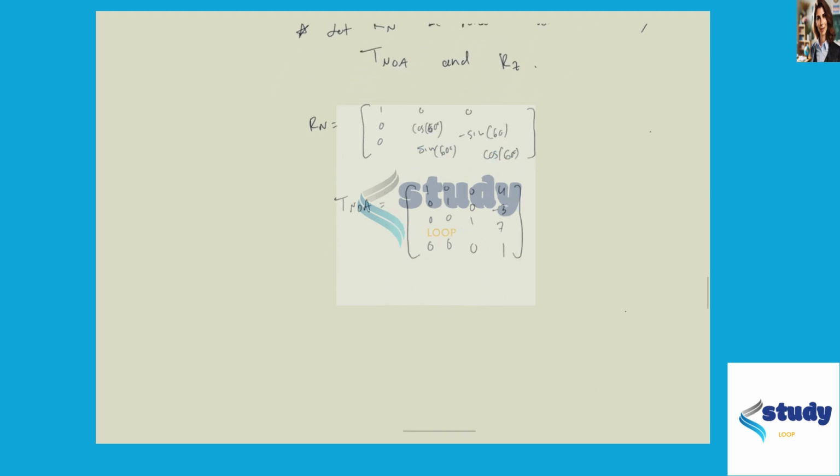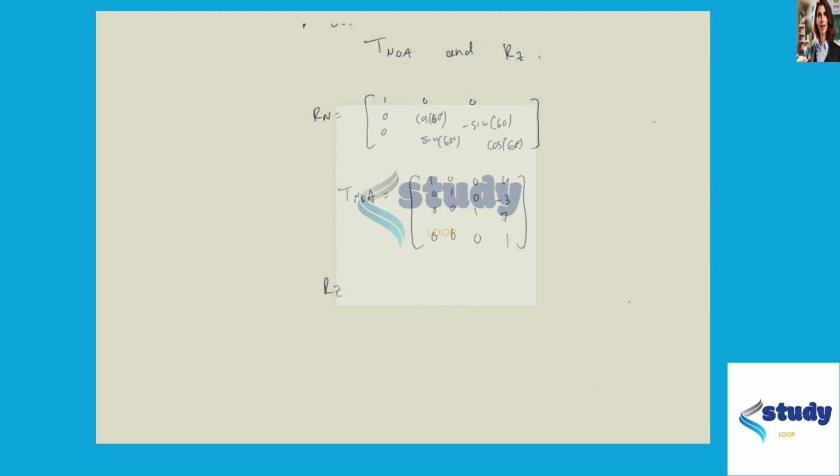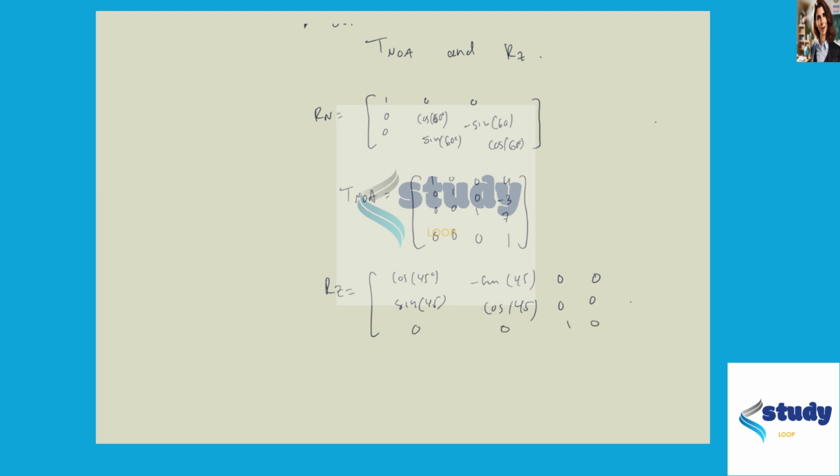All right. So now, what did we say? R of z is going to be equal now to cosine of 45, negative sine of 45, 0, 0; sine of 45, cosine of 45, 0, 0; 0, 0, 1, 0; 0, 0, 0, 1.